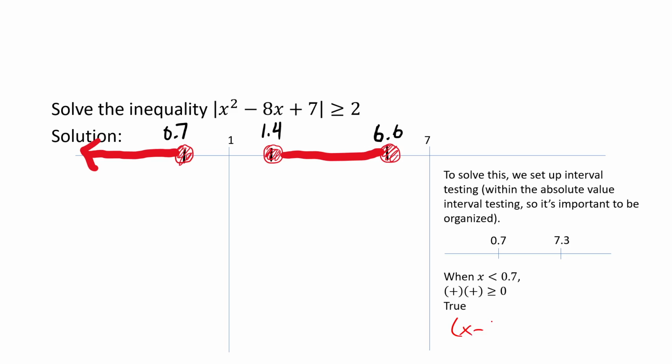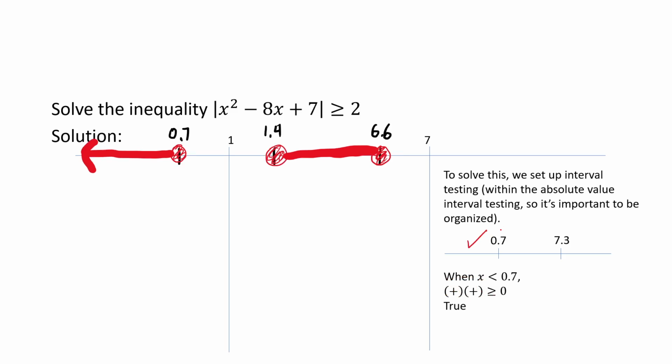Again, remember we're testing x minus 0.7 times x minus 7.3 greater than or equal to 0. Well, if I let x be a number less than 7, I have a couple of negative factors. It says positive times positive, it's actually a negative times a negative here. It's not positive times positive, it's negative times negative.